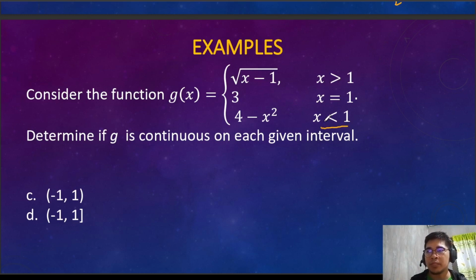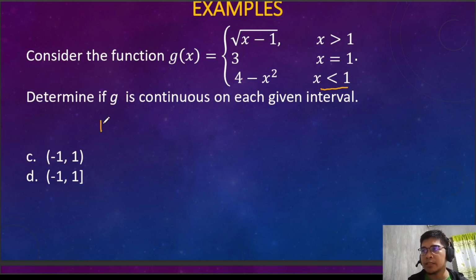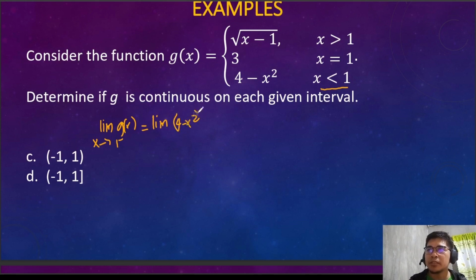So therefore, what we will use to get the limit is g of x equals 4 minus x squared. If there's a limit, then we can say that g is continuous on the open interval negative 1 and 1. So first we get the limit of g of x as x approaches 1 from the left, which is equivalent to the limit of 4 minus x squared as x approaches 1 from the left.